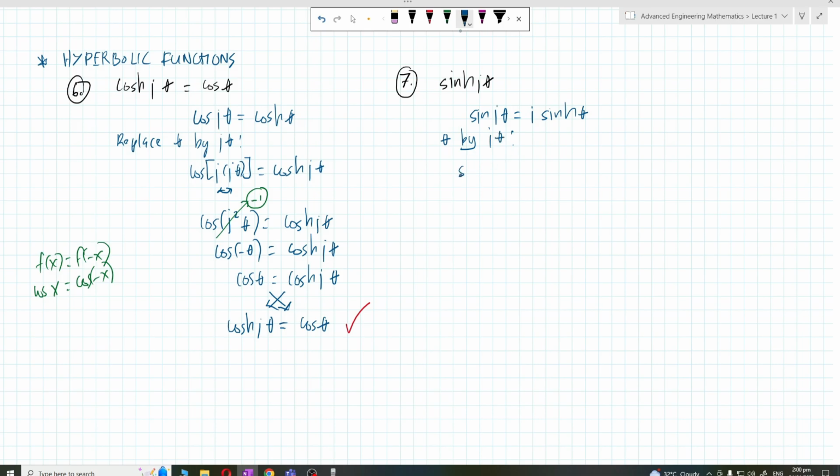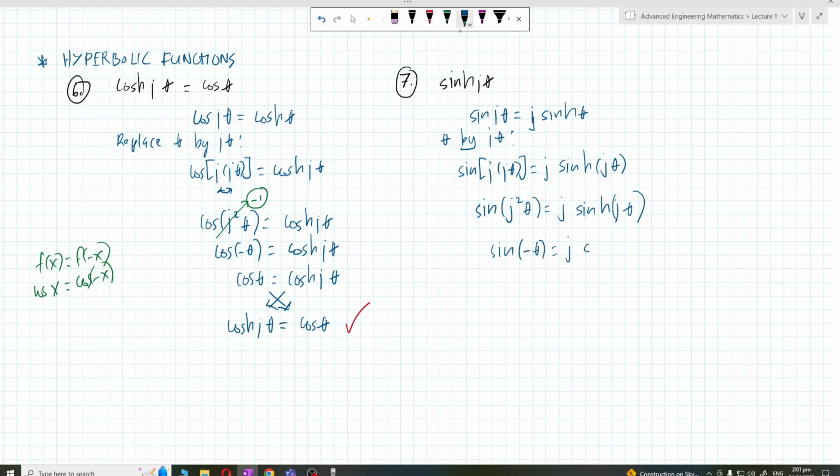So sine of quantity j times j theta equals j sine hyperbolic of j theta. j times j is j squared, so sine of j squared theta is equal to j sine hyperbolic of j theta. Then j squared is negative 1, so sine of negative theta.